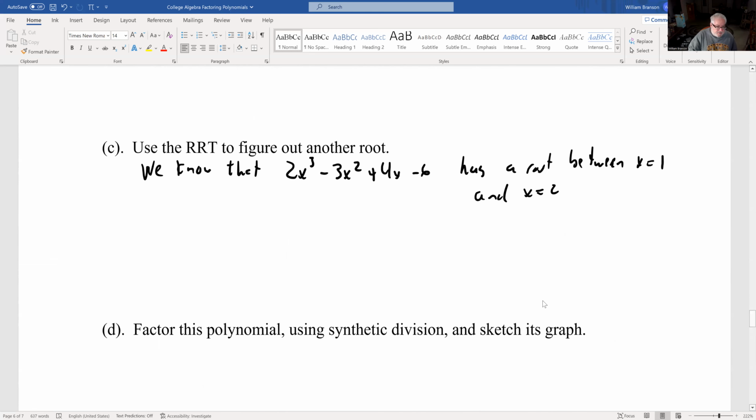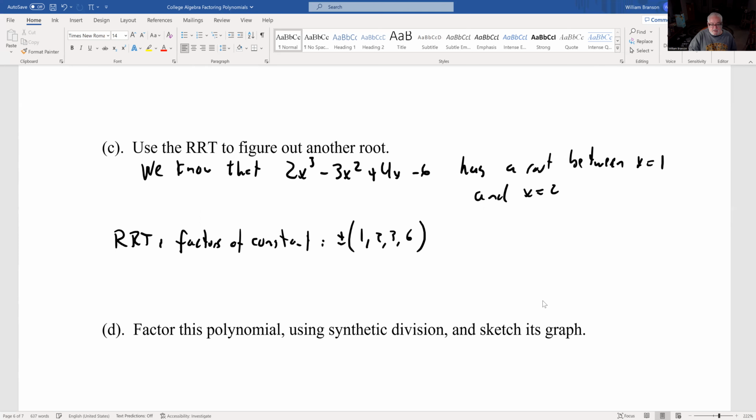So the rational root theorem: we look at the factors of the constant. It'll be plus or minus 1, 2, 3, and 6, right? Because we're looking at factors of that. And we want factors of the coefficient in the leading term. And that's plus or minus 1 or 2, because that's that term.